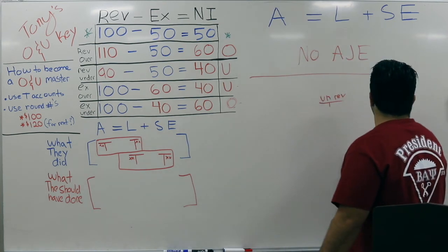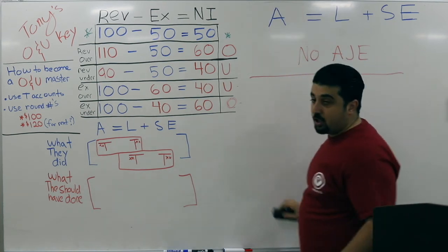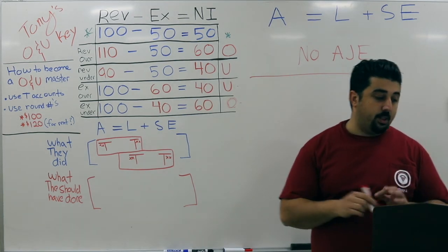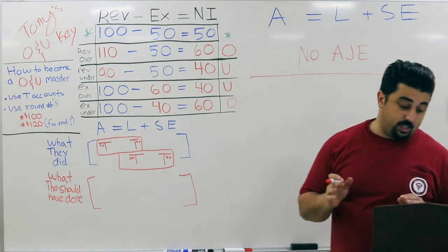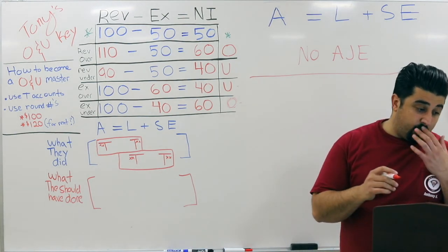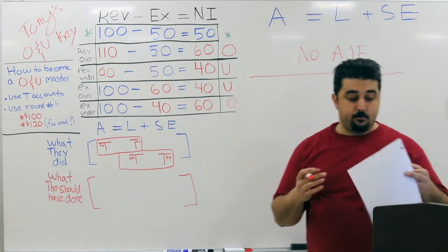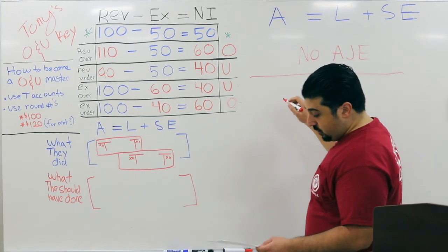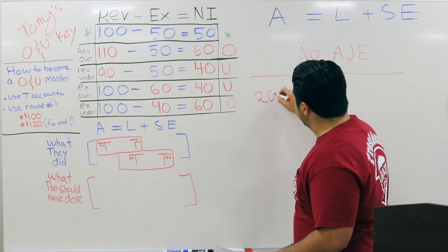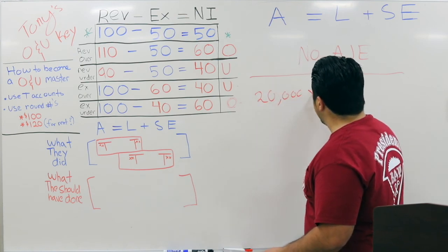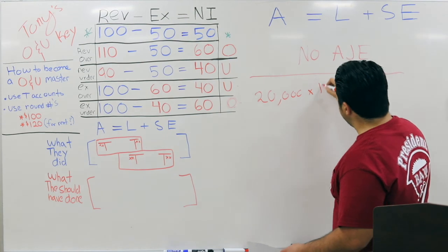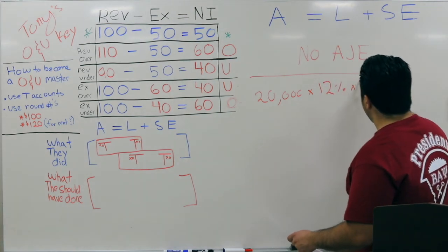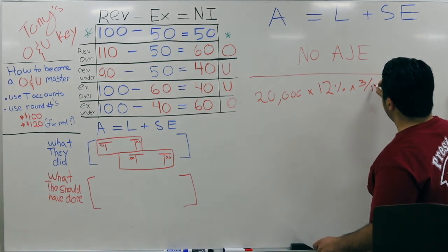So this is what they did. Again, no adjusting journal entry, and for the rest of the year, they basically got charged interest. The way you find out the interest is you go 20,000 times 12%, and then times 3 divided by 12.